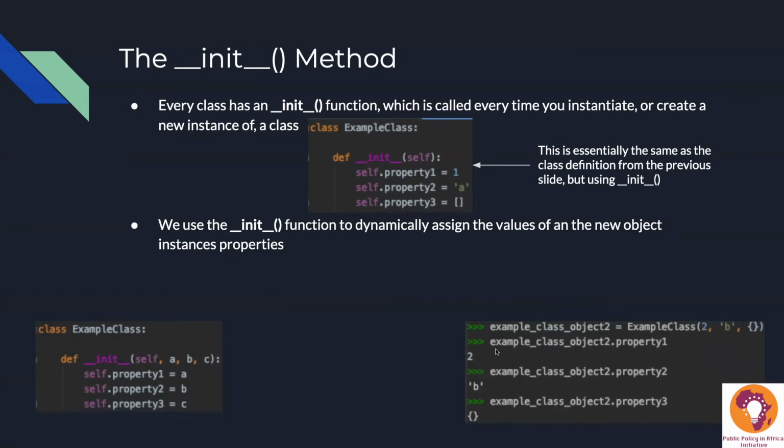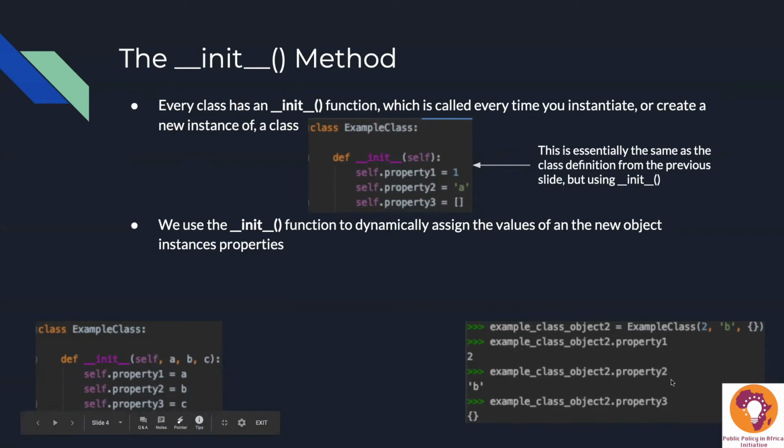And then A is assigned to property 1, B is assigned to property 2, and C is assigned to property 3. So now when I take my example class object 2 and obtain the property 1 attribute from that object using dot notation, now I get 2 back because it stored the 2 in property 1 over here as part of my init function.